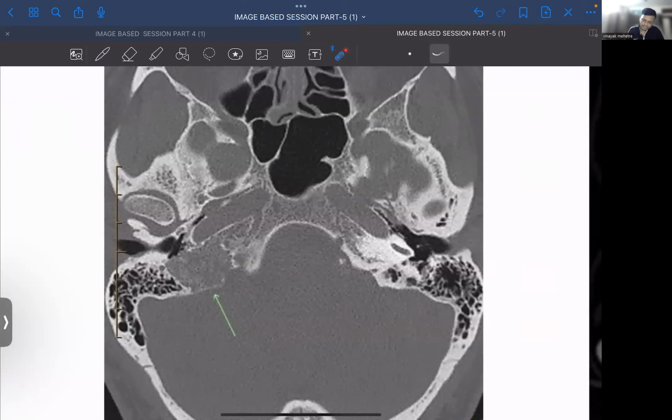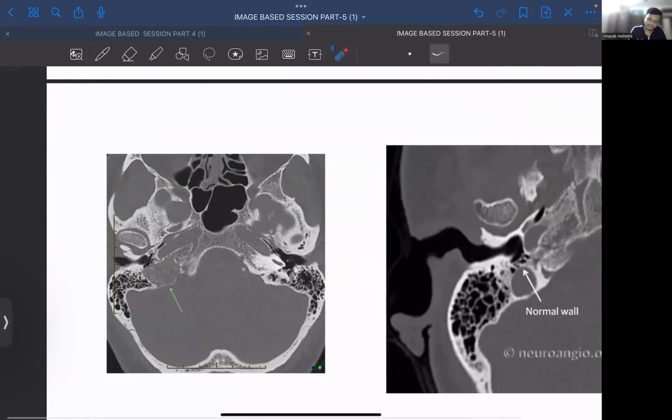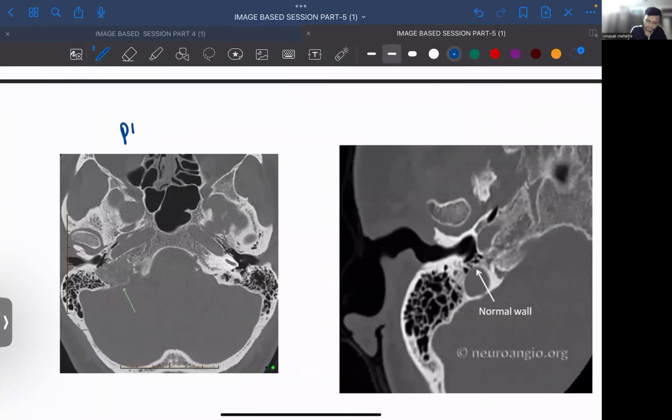Right? There is no clear wall between both. So this is your Phelps sign, and this has been asked. Inability to distinguish between internal carotid artery and jugular bulb. इसी को हम बोलते हैं Phelps sign.